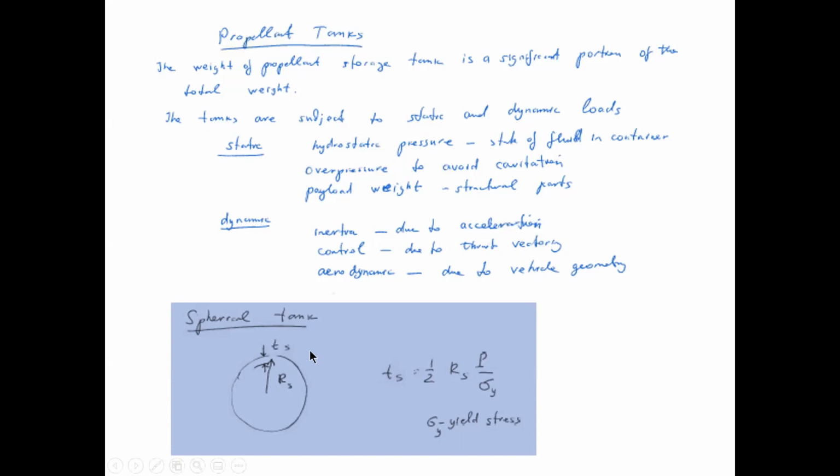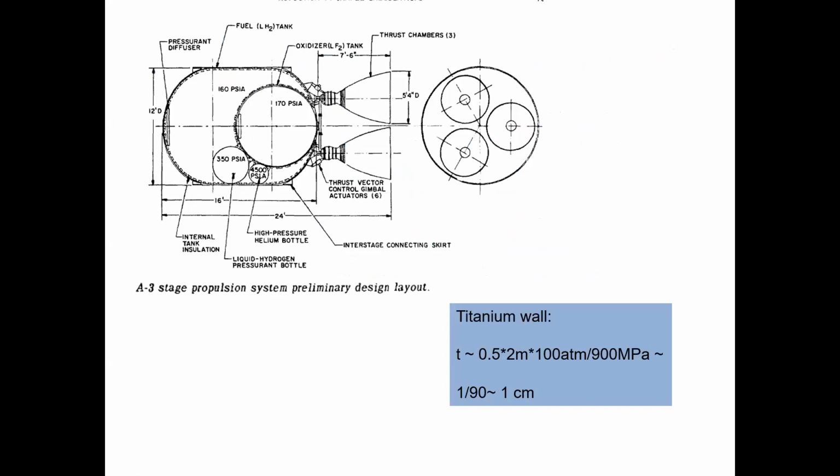So in order to design the thickness of the tank, we have a basic equation, which is a function of the radius of the tank, the yield stress, and the pressure. Based on that, let's assume a design of a three-stage propulsion system, and calculate the required wall thickness of a titanium wall.